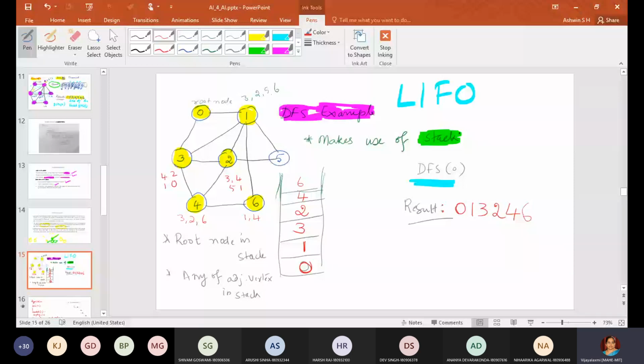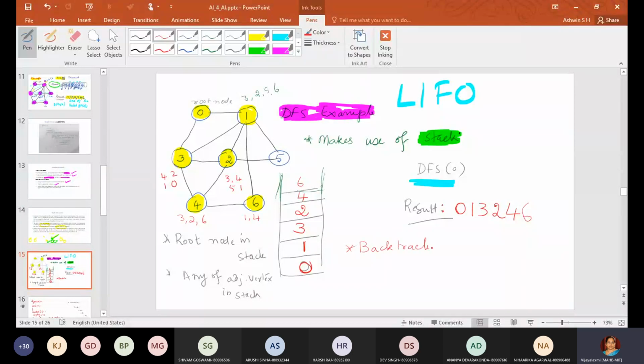After I reach the state 6, when I check the unvisited adjacent vertices, I am not finding any, because for 6 I have 1 and 4, but both are visited. Since there are no unvisited adjacent vertices, I have to do backtracking.